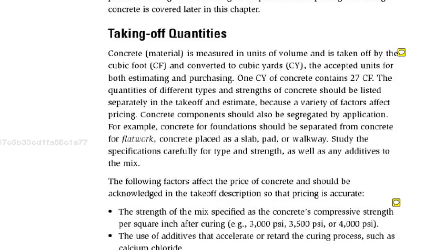And you're going to put a CF after that calculation, and then you're going to divide it by 27, and you're going to end up with cubic yards. And we're going to want to see the units after each of the calculations. A bare number doesn't mean anything, it has no units as far as we're concerned, and we don't know what it is. So as you do your takeoffs, remember to include units everywhere. And remember to look in each section as you're doing a particular takeoff to use the proper units.